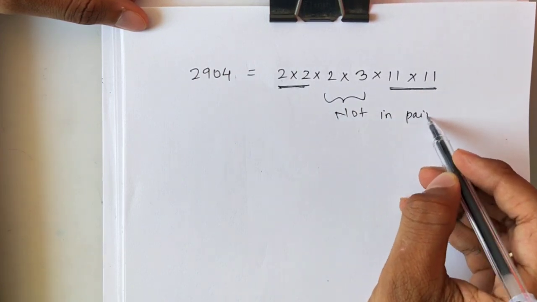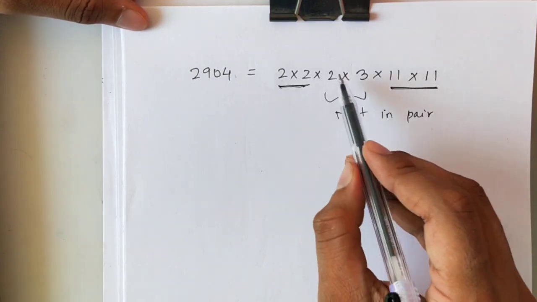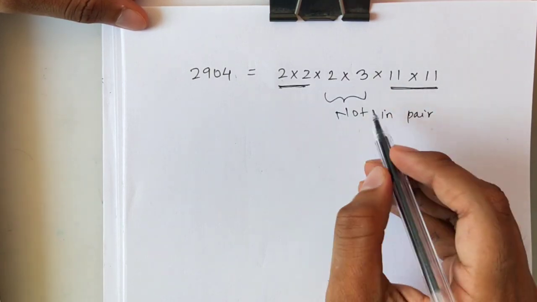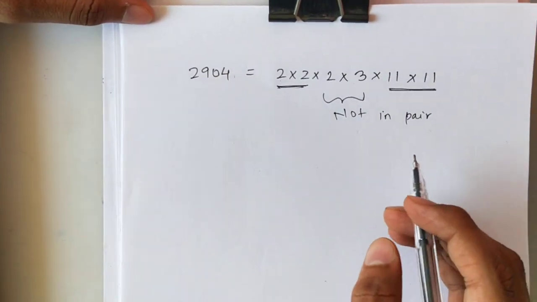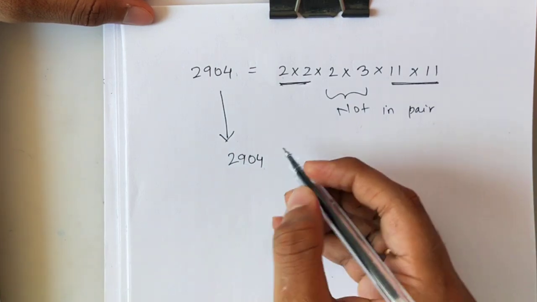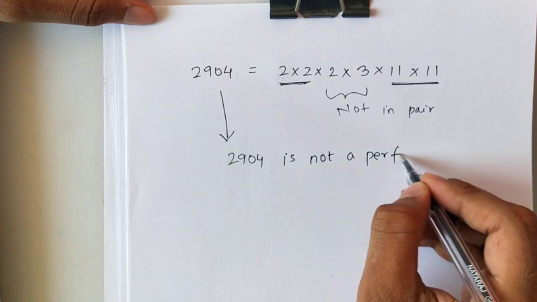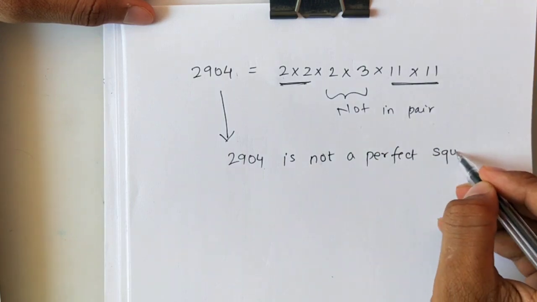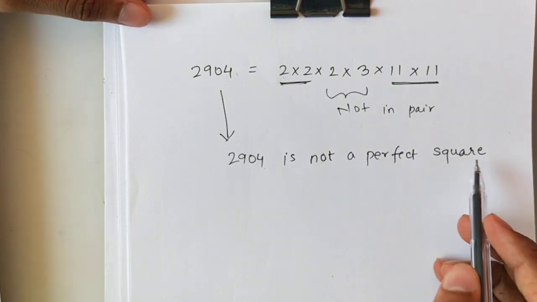Not in pair. If any time you get a number which is not having a pair, that means this question, 2904, is not a perfect square. Is not a perfect square means what?